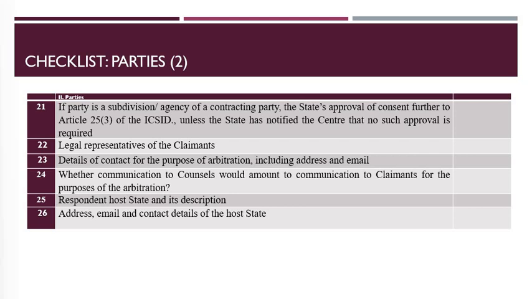Serial number 24 seeks to answer the question as to whether communication to counsels would amount to communication to claimants for the purpose of arbitration. Number 25 describes the host state. Number 26 provides for describing the address, email, and contact details of the host state.